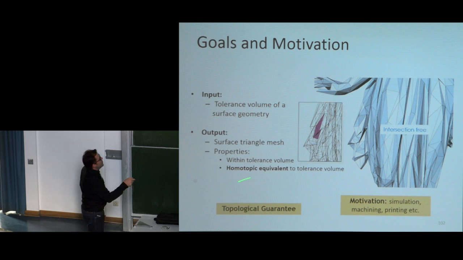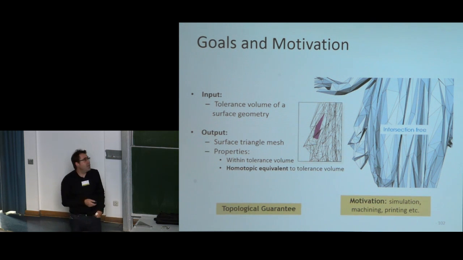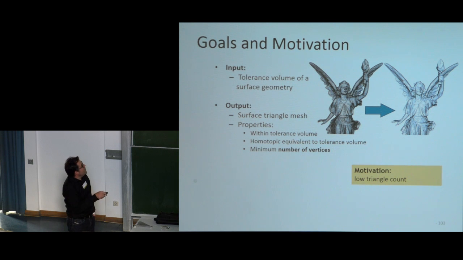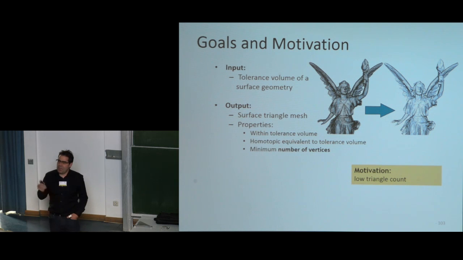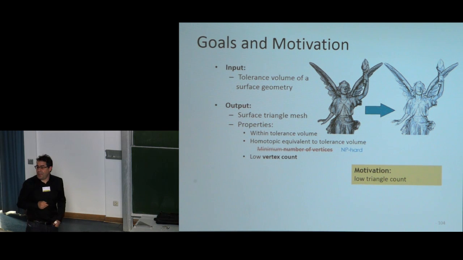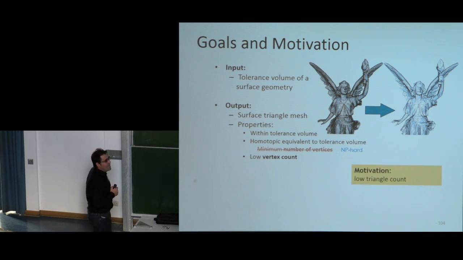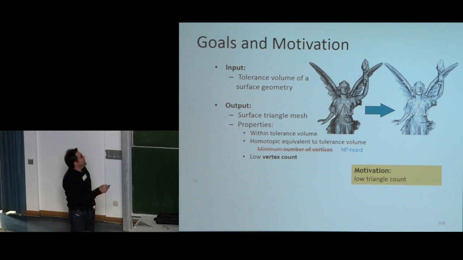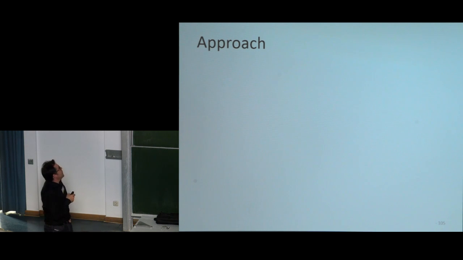That means we want topological guarantees, motivated by simulation, machining, printing, and so on. And we want something else, which is the minimum number of vertices. And this is back to the initial problem statement. This is hard, right? This is very hard. So for the moment, we revised our ambition. We say we want a low vertex count. I will go back to that later.